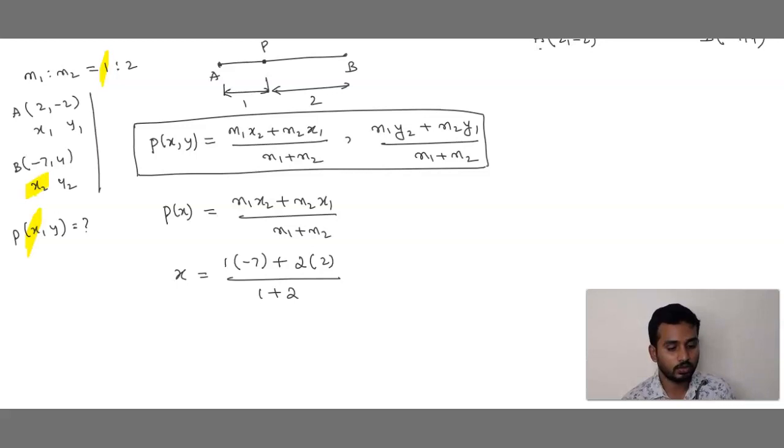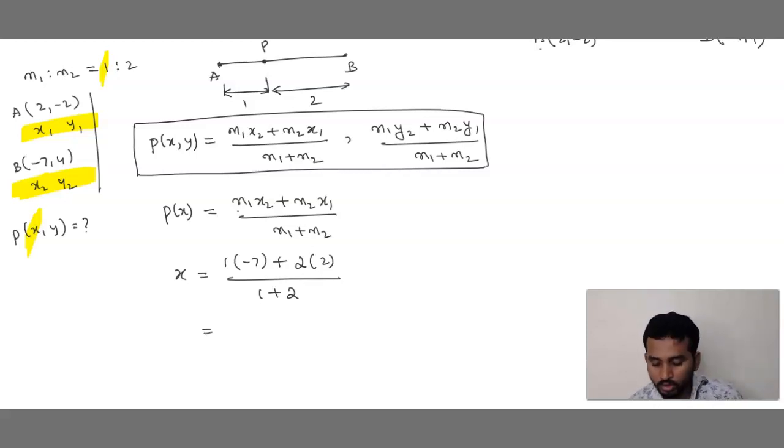Now this is x1, y1 and this is x2, y2. We are just substituting those values. Again, x as it is, m1 is 1, x2 value is minus 7, plus m2 is 2, x1 value is 2, by 1 plus 2.